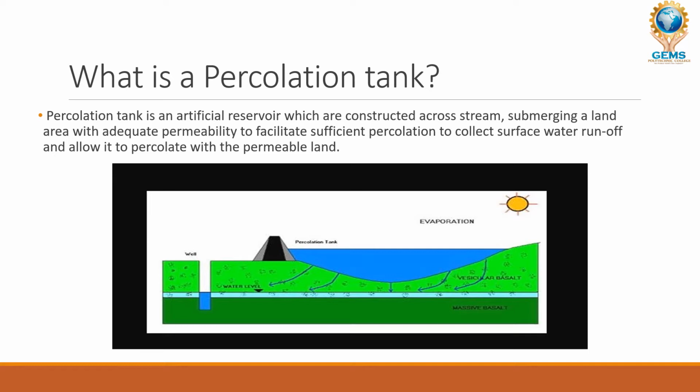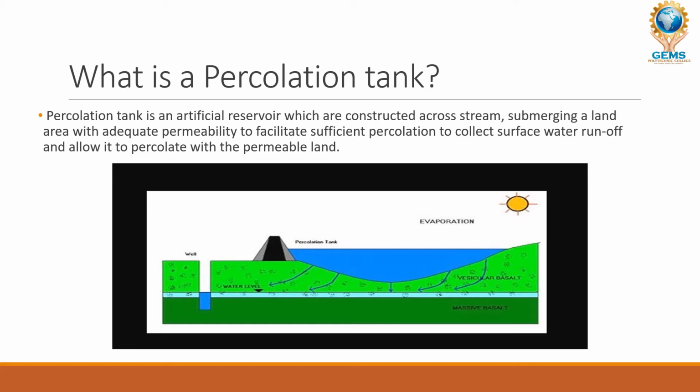Percolation tanks generally have percolating pores, provided at a certain depth from the top surface of the tank in the ground portion, so that the runoff water from the streams enters the percolation tank, finally enters the groundwater table present at a certain depth, and reaches the wells present in the nearby land area. This water reaching the wells is used for irrigation and other public usage purposes.